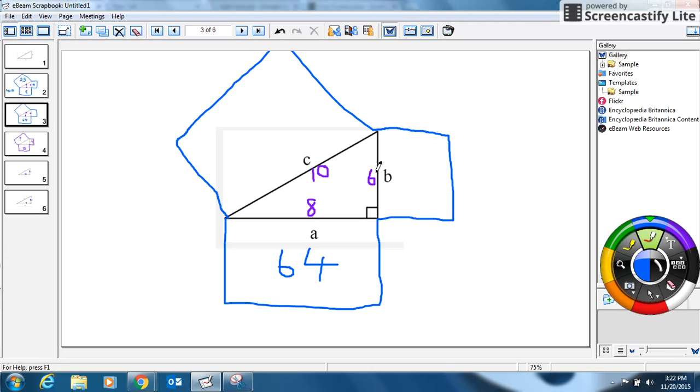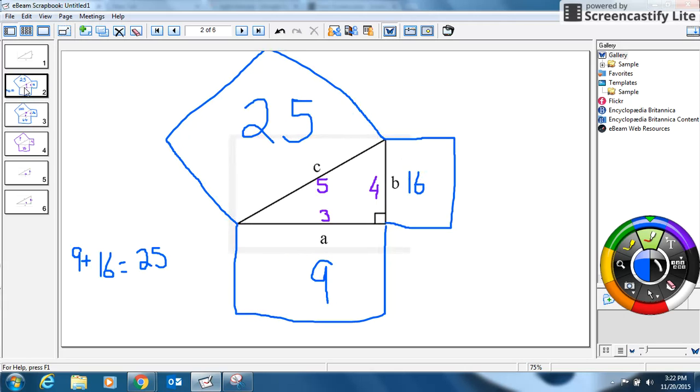And over here, the side length is 6. I know 6 times 6 is 36. And over here, I know the square would be 10 times 10, so that is 100.